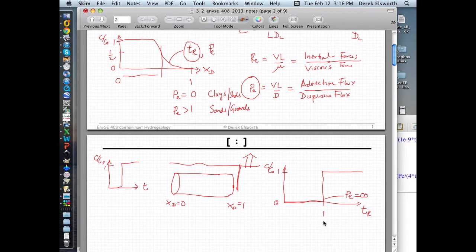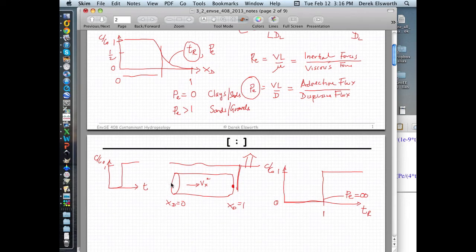It has a very specific meaning. It basically means that you filled up, so you're injecting stuff at some flow rate, you filled up all the pore space from when you started injection at some advective flow velocity. You basically filled up all the pore space in this core right up to the end when you get to this value of TR equals 1.